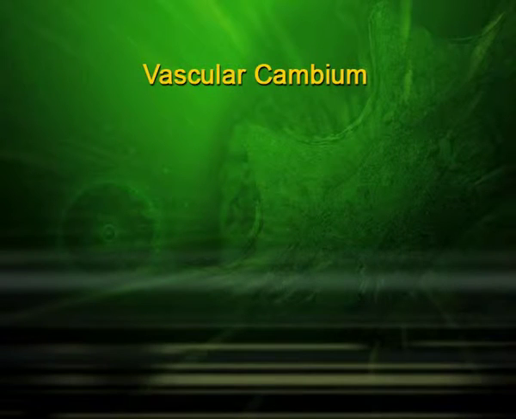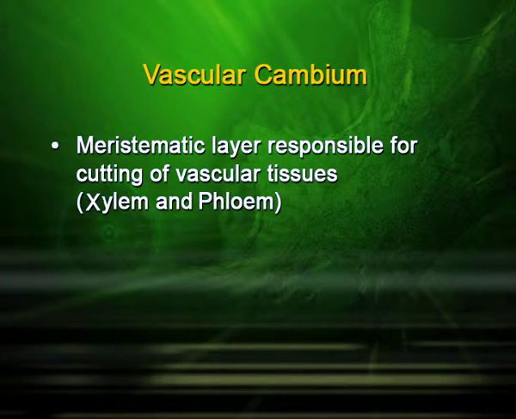The tissues involved in secondary growth are the lateral meristems, the vascular cambium and the cork cambium. The vascular cambium is the meristematic layer responsible for cutting off vascular tissues, that is the xylem and phloem.